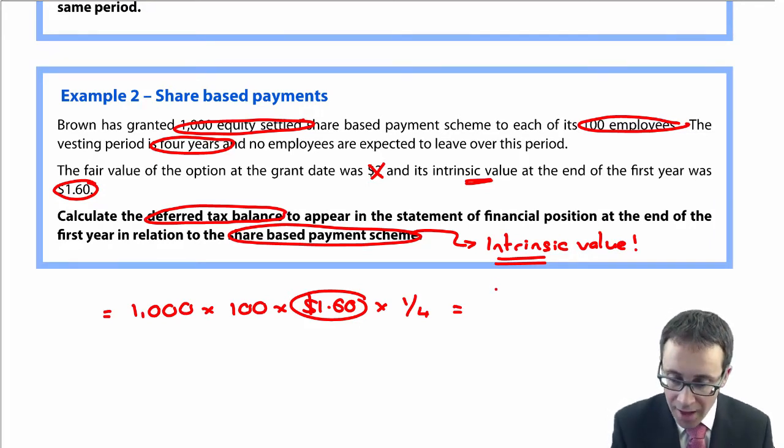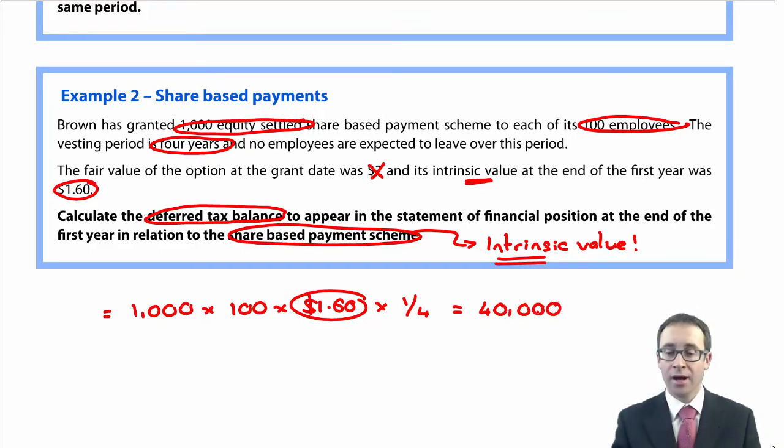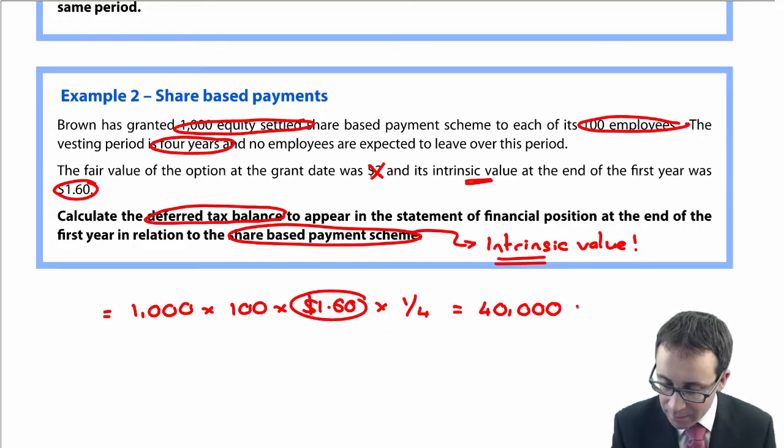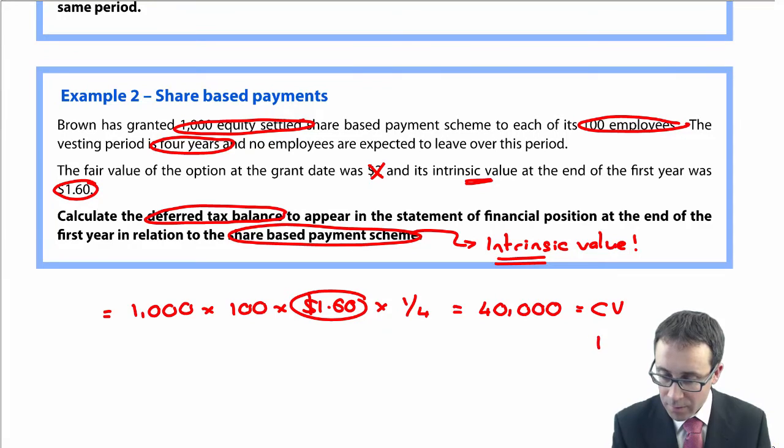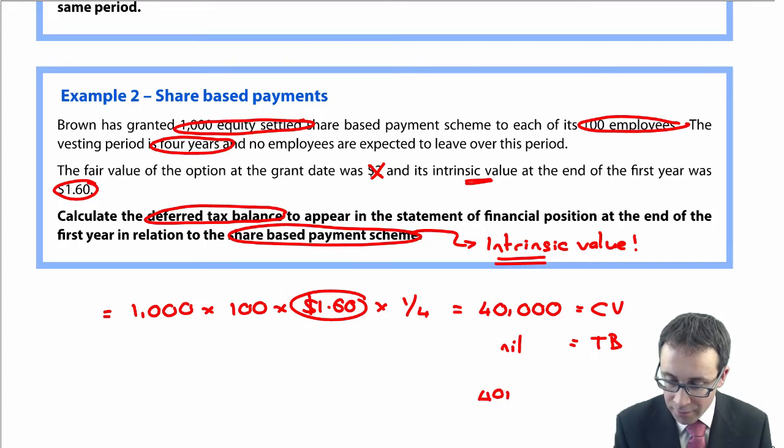So that goes through there and gives you $40,000. That there, if you like, is your carrying value. The tax base we know is always nil, so your temporary difference is there as 40,000.